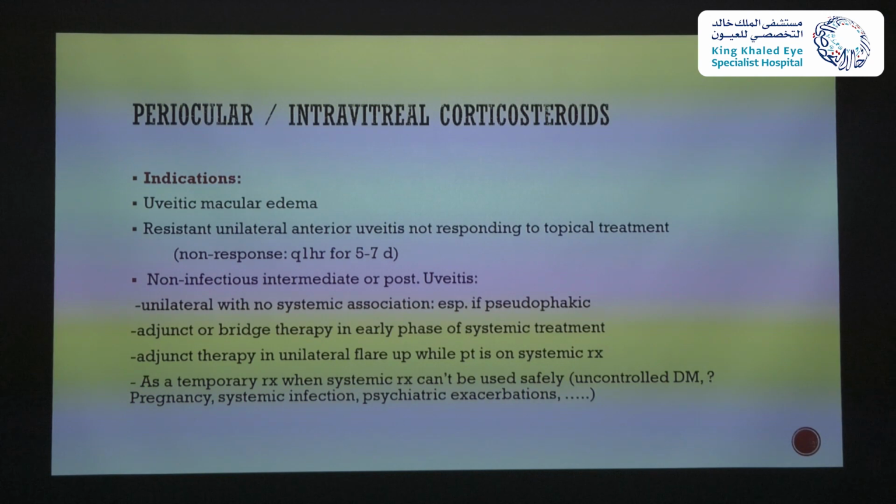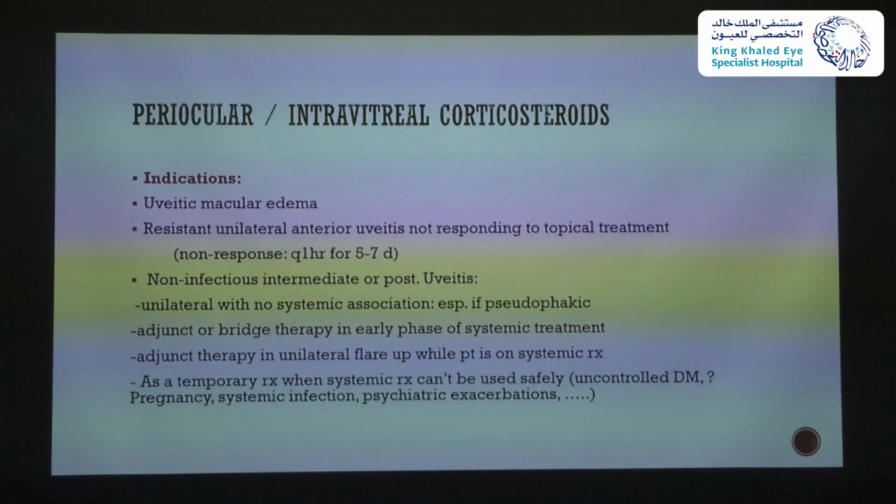What are the indications? Usually we are giving periocular or injected corticosteroid for the uveitic macular edema or for resistant unilateral anterior uveitis that is not responding to topical treatment, or in non-infectious intermediate or posterior uveitis. In cases where this intermediate or posterior uveitis is unilateral with no systemic association, especially in pseudophakic patients, or we can use it as adjunct or bridge therapy in early phase of systemic treatment, or adjunct therapy in unilateral flare-up while the patient is on systemic treatment.